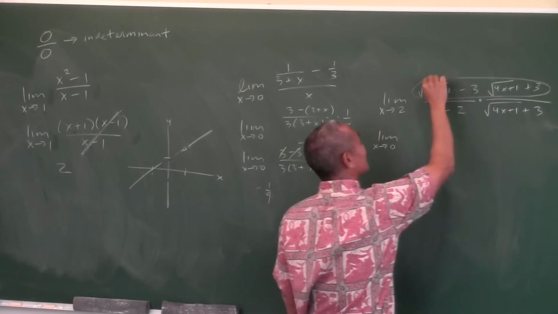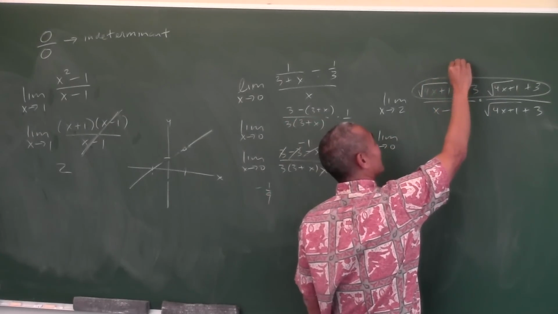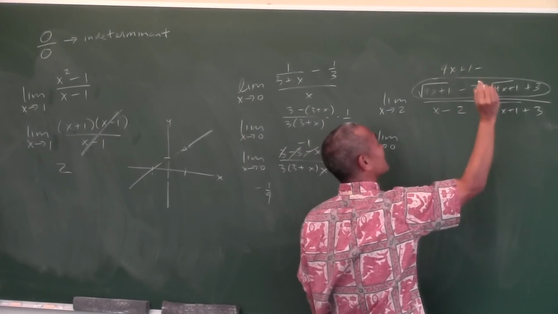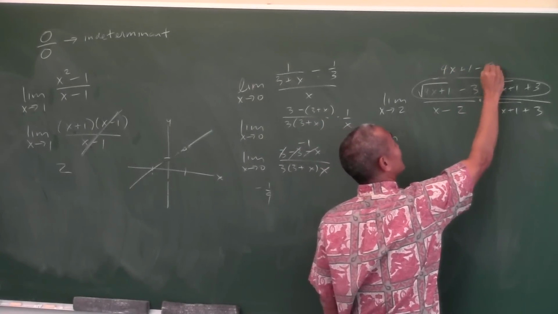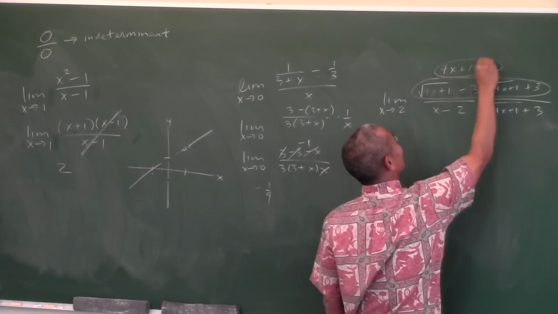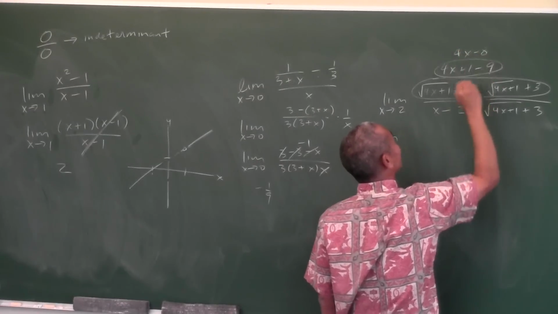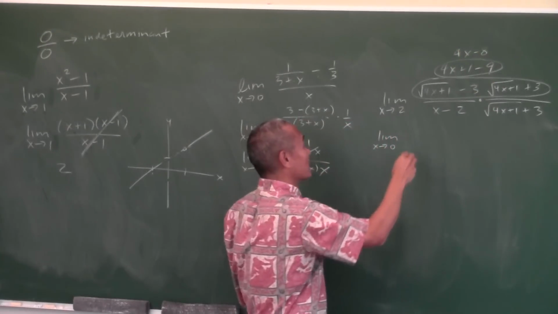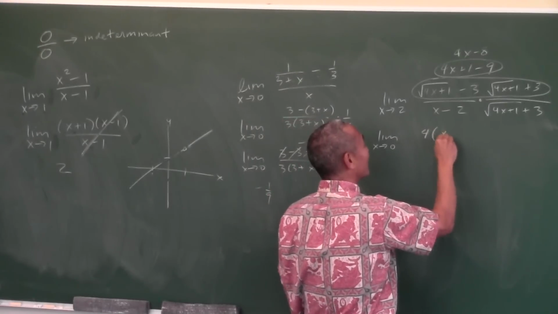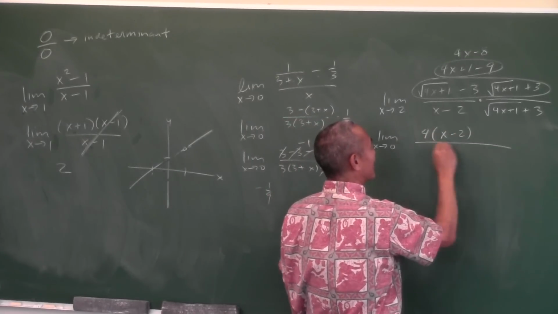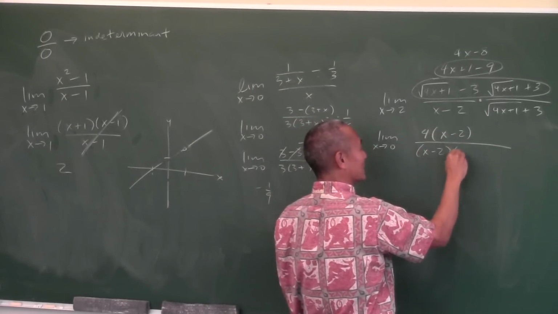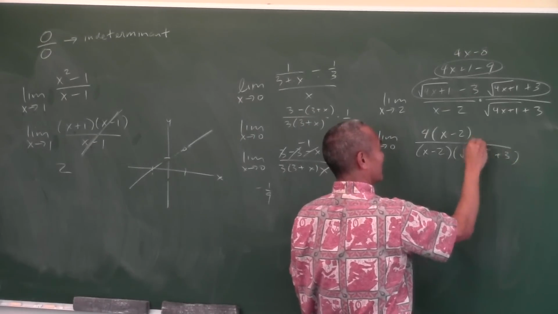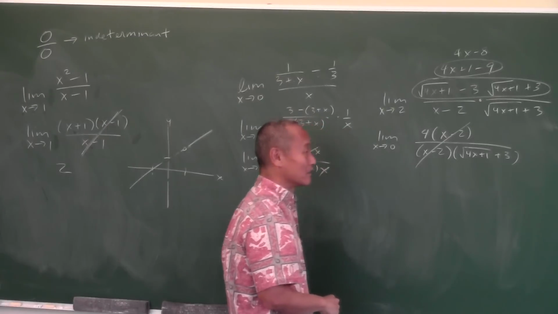What happens when you multiply these two? What do you get? 4x plus 1 minus 9, which is the same thing as 4x minus 8. Some of you can have foresight. Can you see it already? What's foresight? Factor out the 4. And then on the bottom you have this. These cancel out.